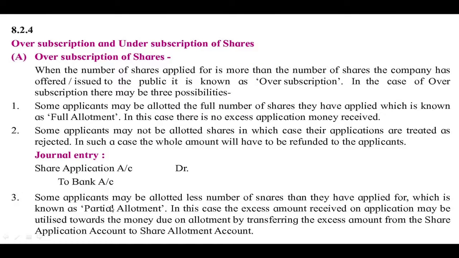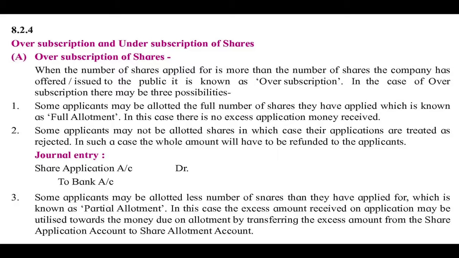Next we are going to learn about the oversubscription of shares. Whenever the company decides to issue a certain number of shares in the market, sometimes it gets a good response from the investors and more investors are willing to buy the shares. So more investors apply for the shares.